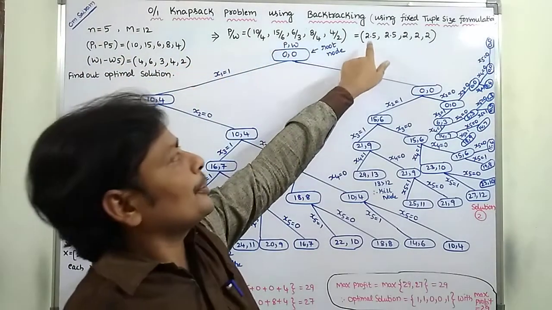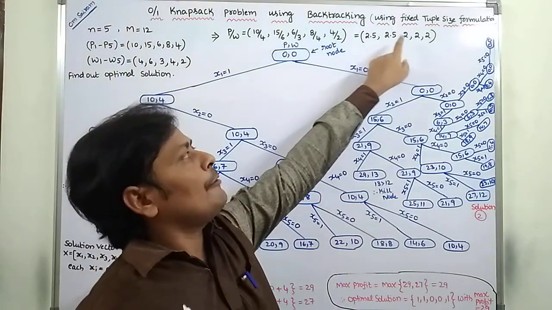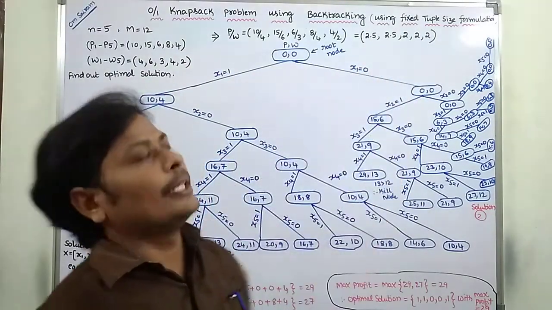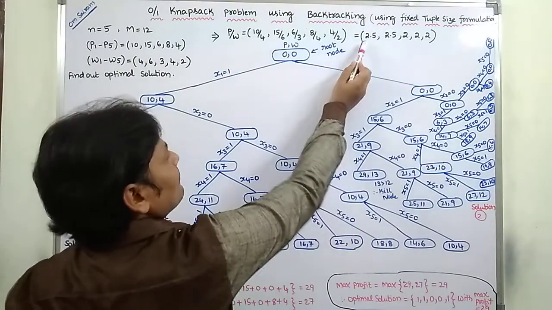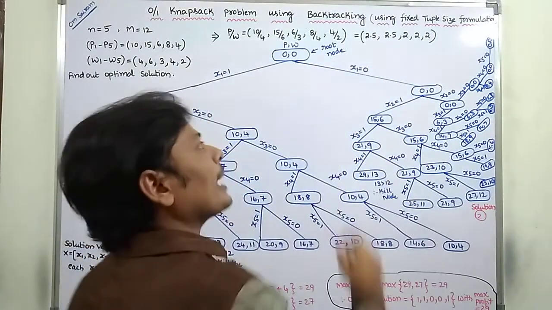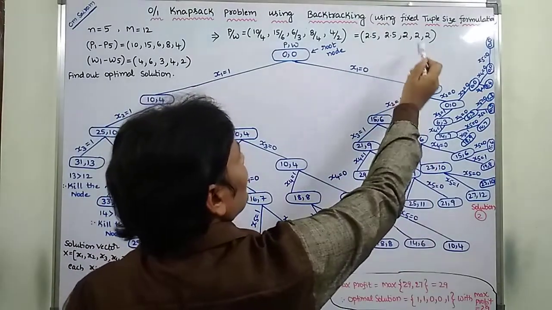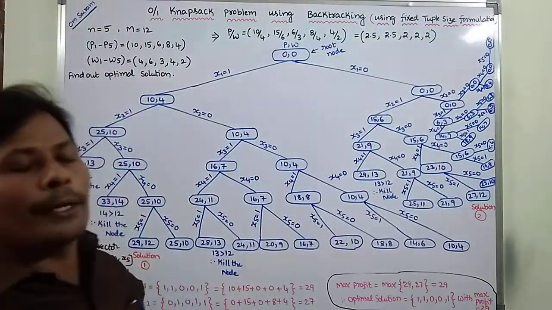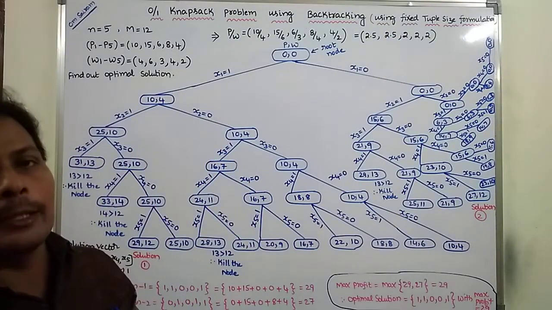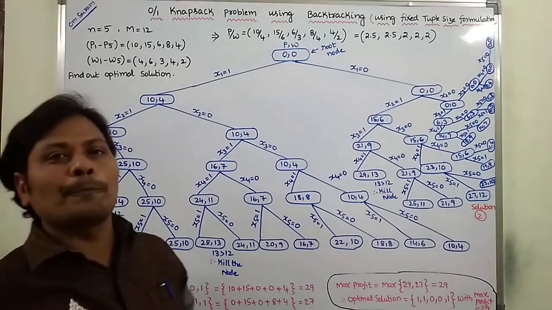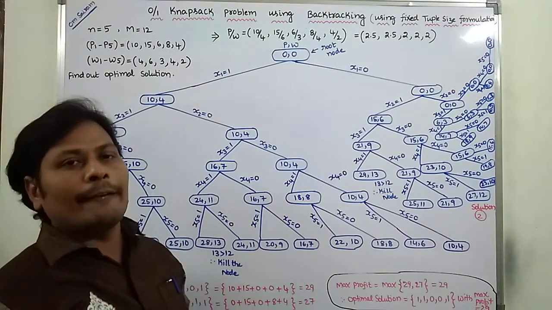That is 2.5, 2.5, 2, 2, 2. So first we place the first object into the knapsack, next the second object, next the third object, next the fourth object and then the fifth object.